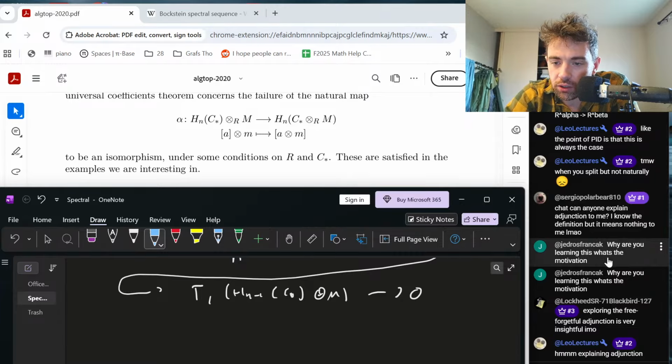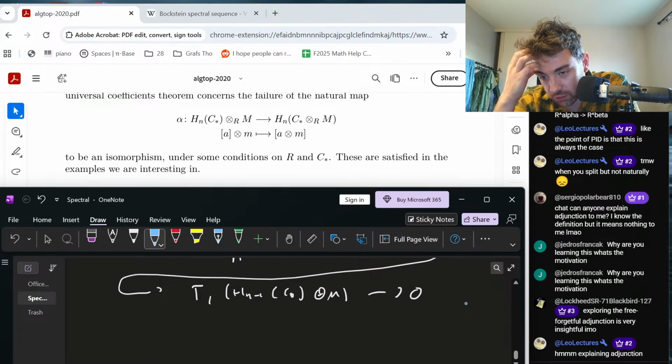Why am I learning this? What's the motivation? Because it's cool and sick. I mean, spectral sequences are also not completely unrelated to my research.